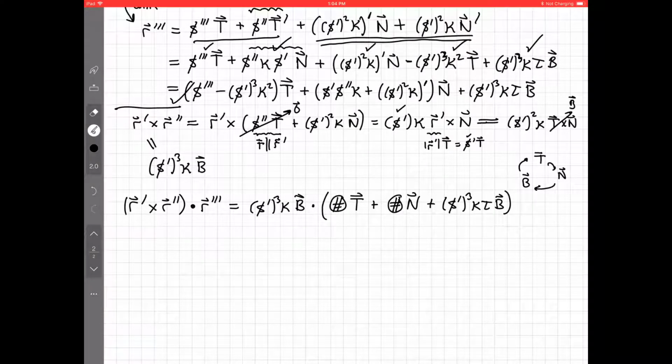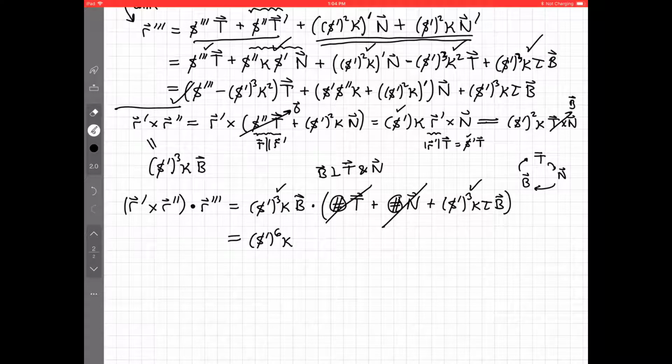Now keep in mind that B is perpendicular to T and N. So if you take B and dot it with T, you get 0, and B dotted with N is 0. So these guys don't factor in at all. All that garbage collapses out. And all we're left with is s prime, well, we have 3 copies here and 3 more, so that's 6 copies.